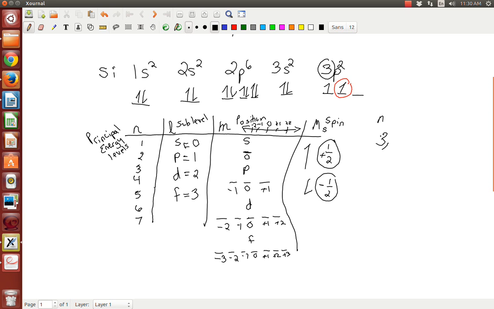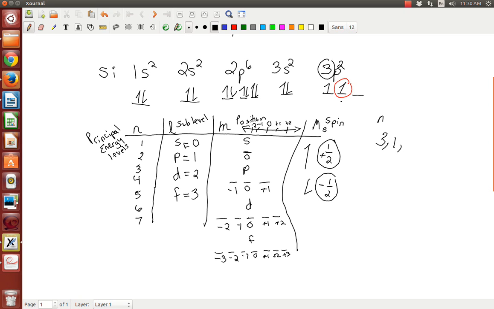The second quantum number is the sublevel, and so this is a P. And so according to the sublevel, P is 1. Remember, S is 0, P 1, D 2, F 3. So this is a 1 for the P. All right, so this is now the position. If we have P, we have to look at the position. Look at this position.